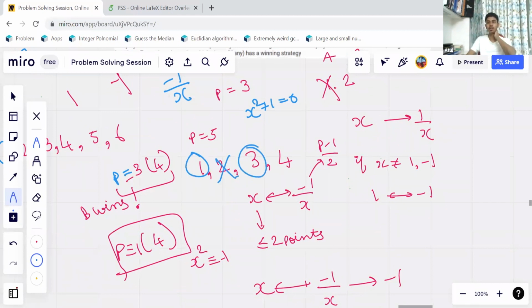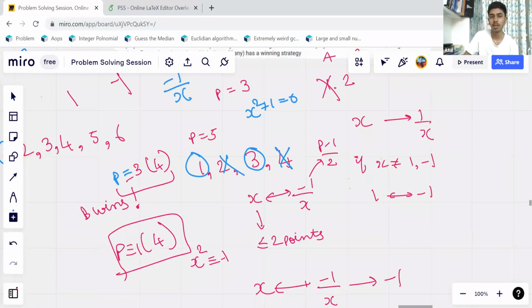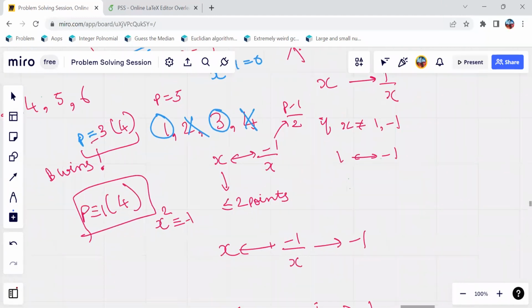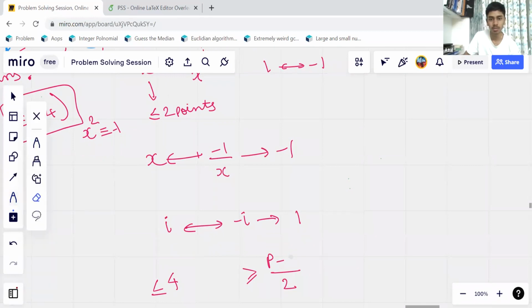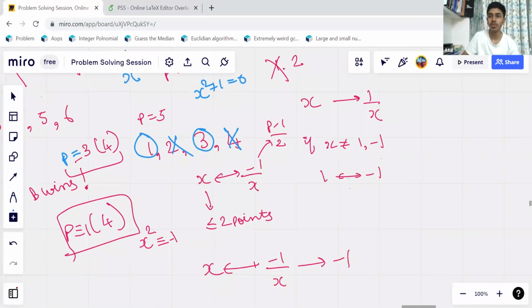The first player just picks 1, and if the second player picks 2, then he just picks 3 and wins because he got 2 points. But if the second player picked 4, then he just picks 3 and then 2, and he got 1 point. No one else ever did. Does that make sense? Yep. Also, this should be p minus 5 over 2, but it's still fine because 13. Yeah, this is a nice problem.